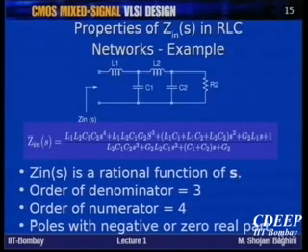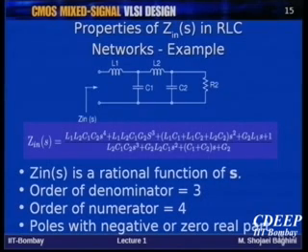So, for example, this is a simple example of a ladder with a terminated resistor. So, you see the transfer function. As you see, Zin is a rational function of S. The order of the denominator is 3. The order of the numerator is 4. And all poles can be shown to have negative or 0 real parts.